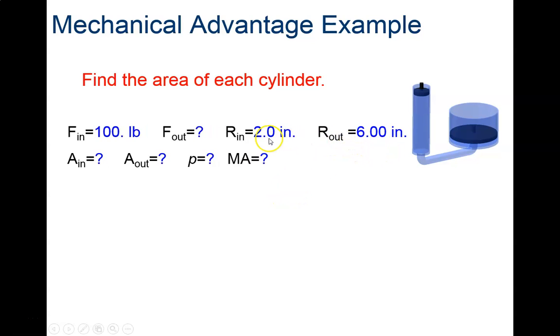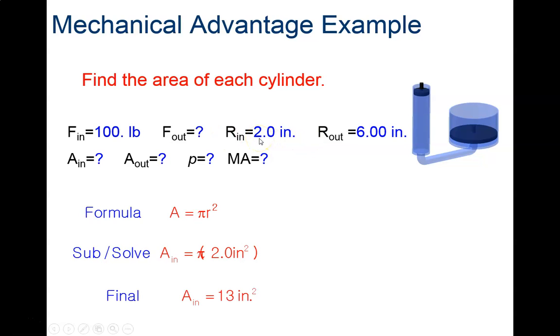The one was 4 inches diameter, so it's a radius of 2, and the other has a diameter of 12, so a radius of 6. Use pi r squared for the input and output pistons. The area of the input piston is pi times 4 squared, so 13 inches squared. So this one is 13 square inches.